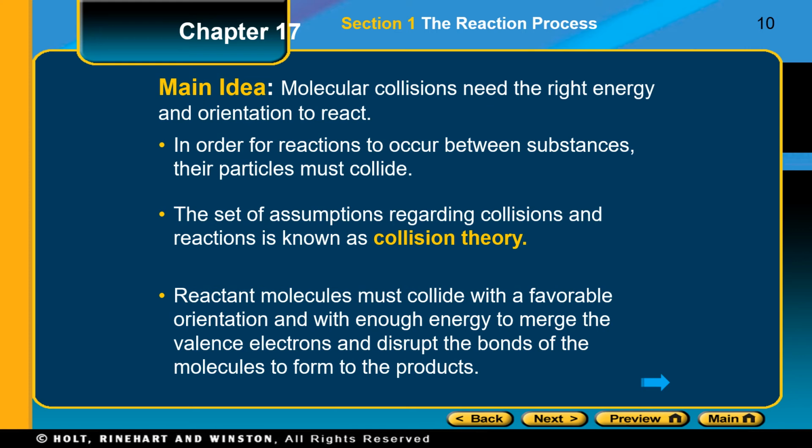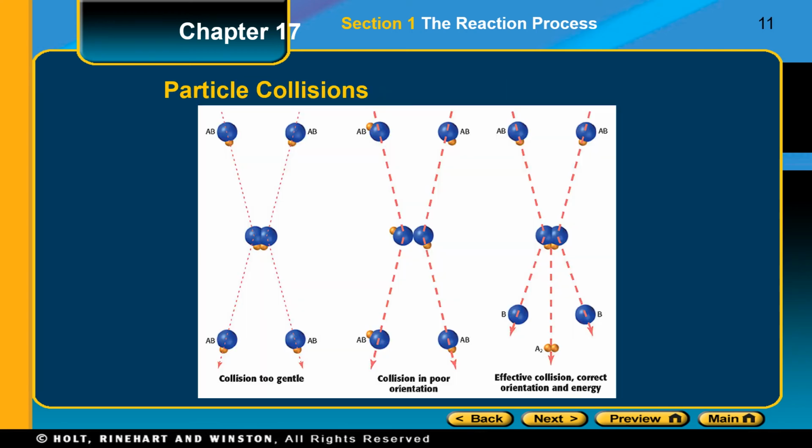The reactant molecules must collide with a favorable orientation, and we'll talk about that a little bit more so you can understand what we mean by that, and with enough energy. In other words, they have to hit hard enough. They both have to be moving fast enough to merge their valence electrons. Remember, those are the electrons on the outside, and we want them to get close enough to each other so that they can disrupt each other's bonds and allow new bonds to form to make the new products.